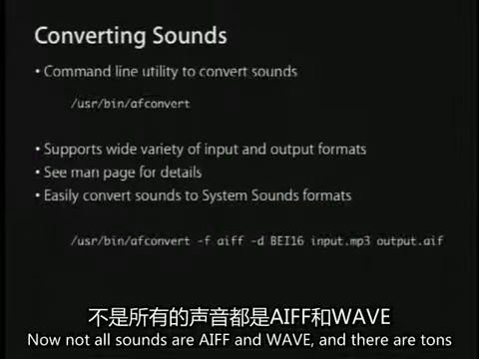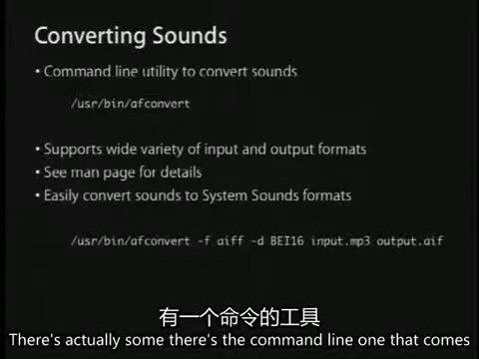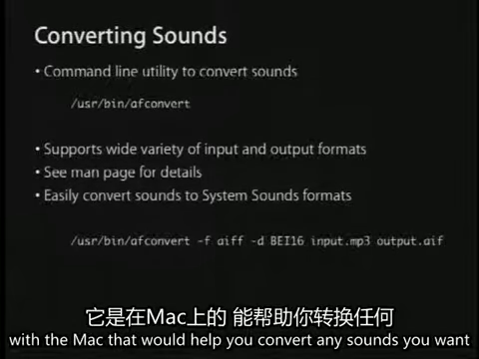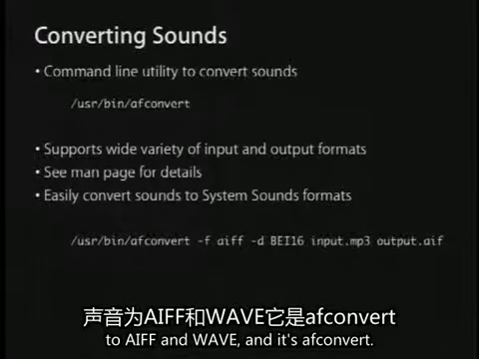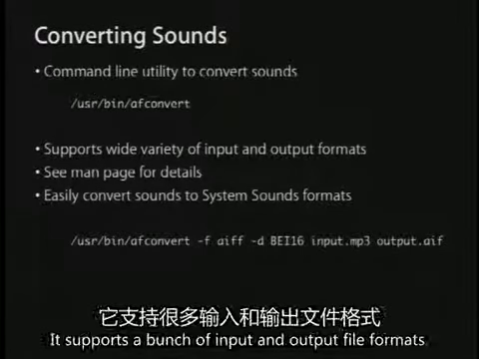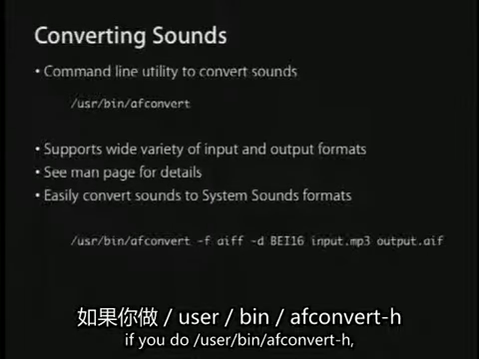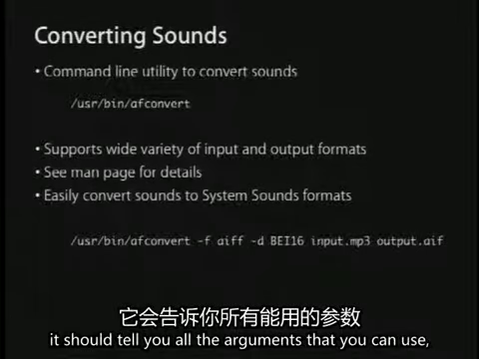Now, not all sounds are AIFF and WAVE, and there are tons of audio tools on the market. There's actually a command line one that comes with the Mac that would help you convert any sounds you want to AIFF and WAVE. It's afconvert, and it supports a bunch of input and output file formats. If you do /usr/bin/afconvert -h, it should tell you all the arguments that you can use.